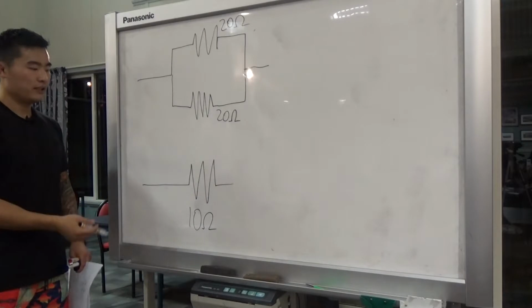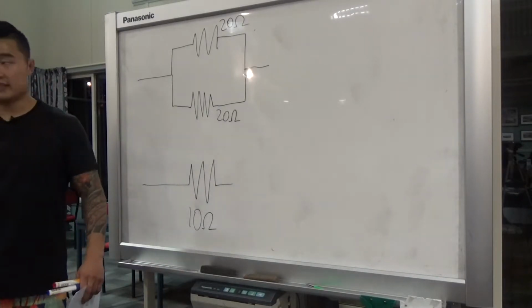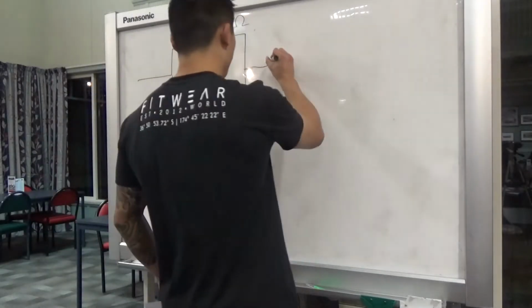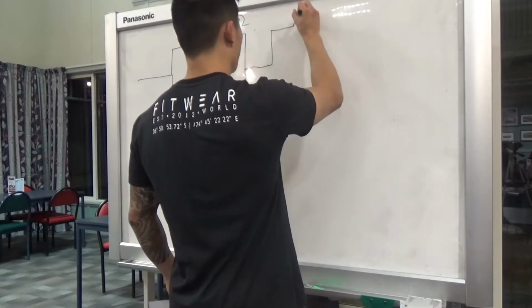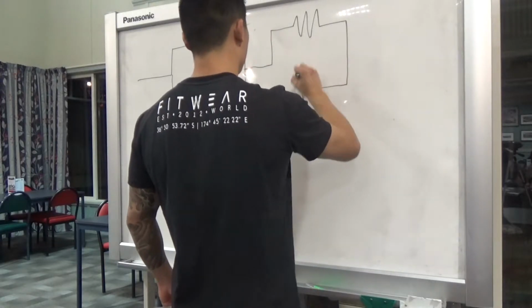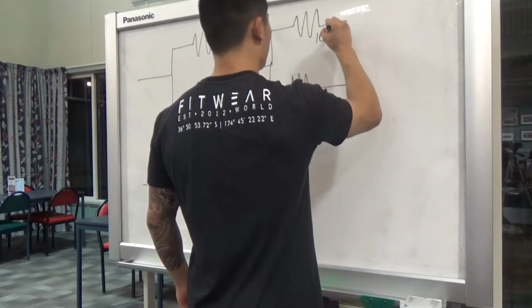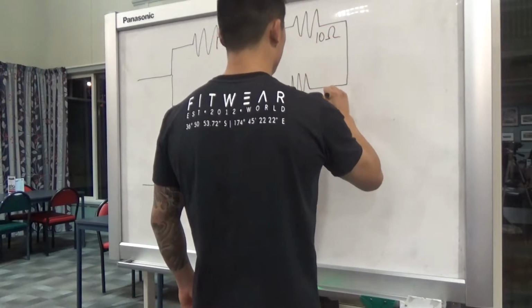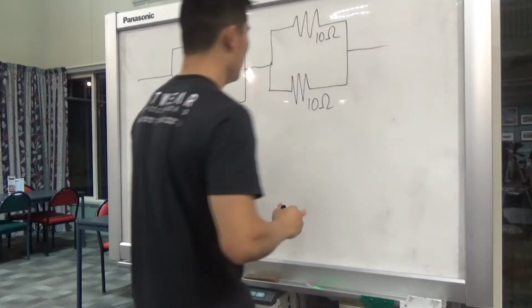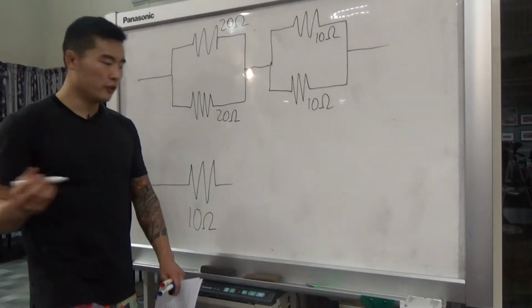So now our first pair of parallel resistors is the same as having 10 ohms. And then your second pair, which are both 10 ohms, that's the same as having one 5 ohm resistor.